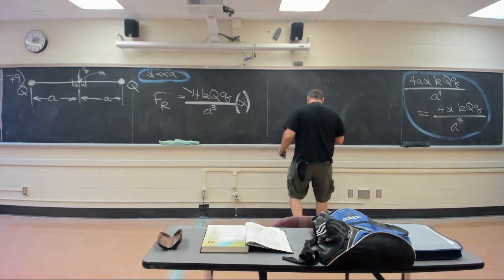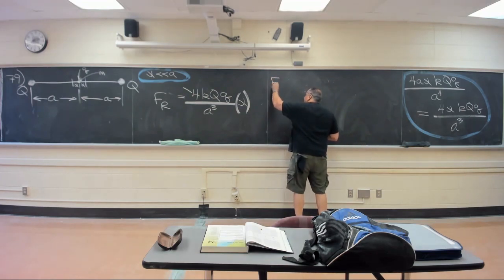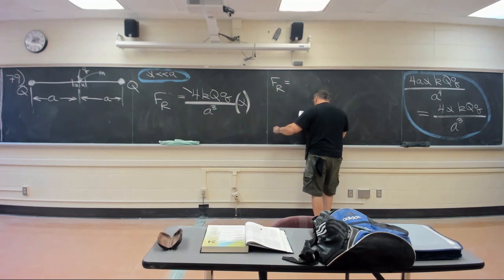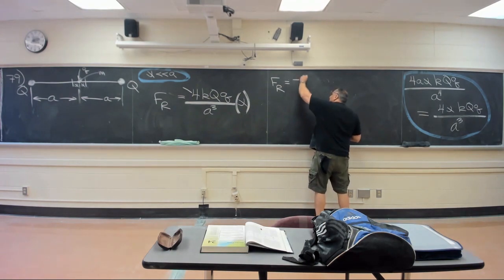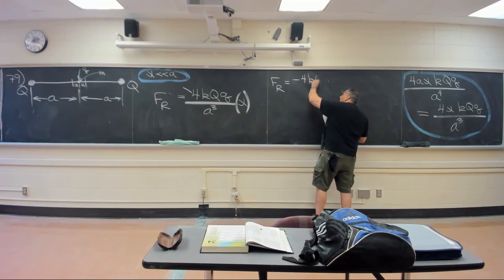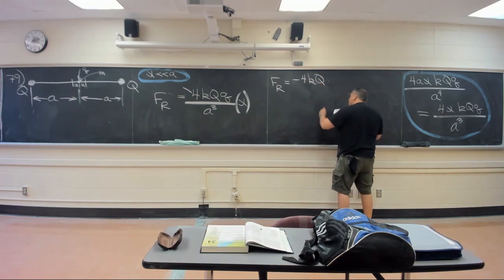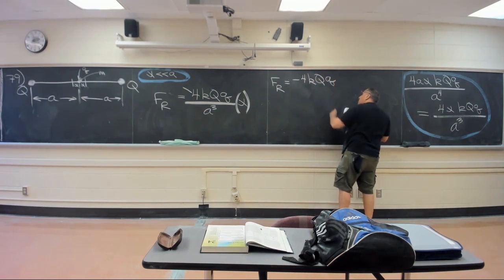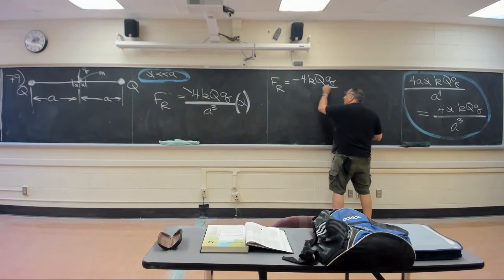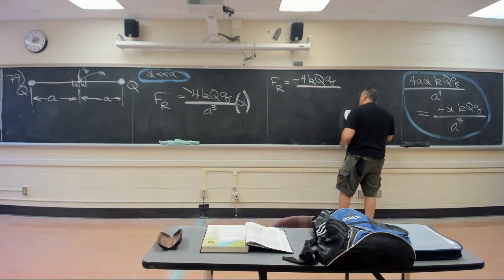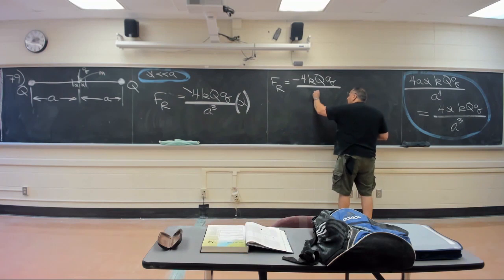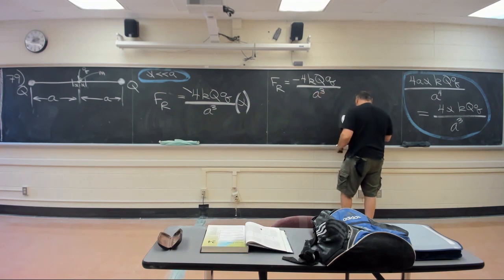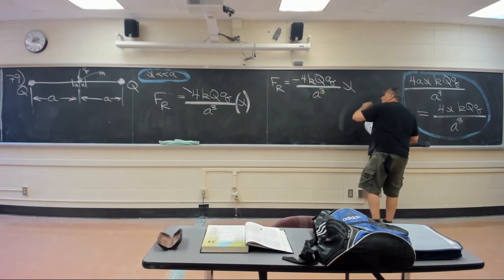So, Fr equals negative 4 K capital Q small q over a cubed times x.